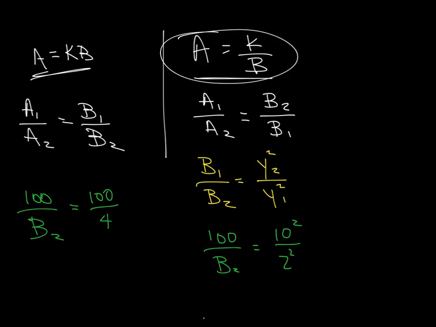So we have 400 equals 100 b2. So divide by 100, and again your b is 4, like we got last time.